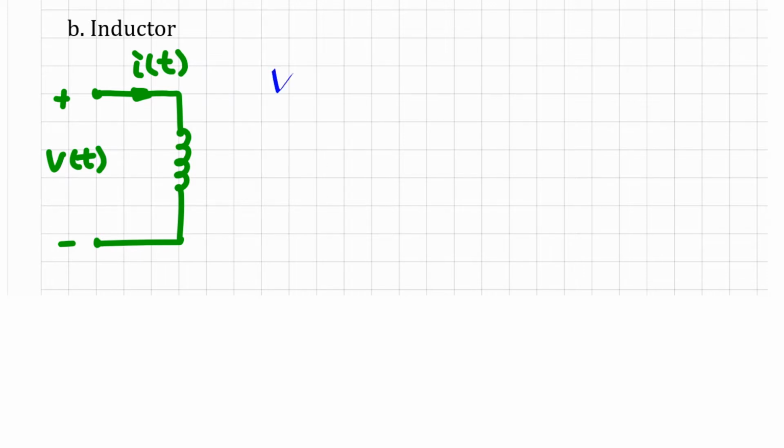So the same thing here, v(t) is given, that is Vm cosine omega t plus a certain phase angle. We express that in terms of theta V, whatever that is.